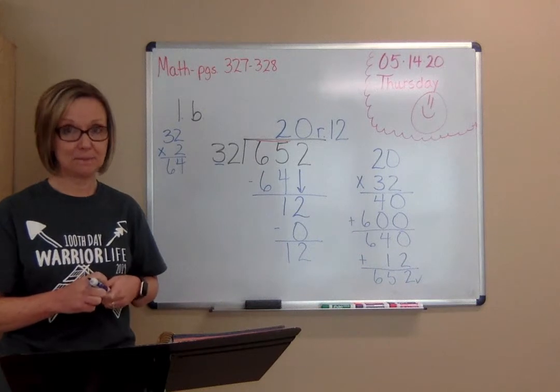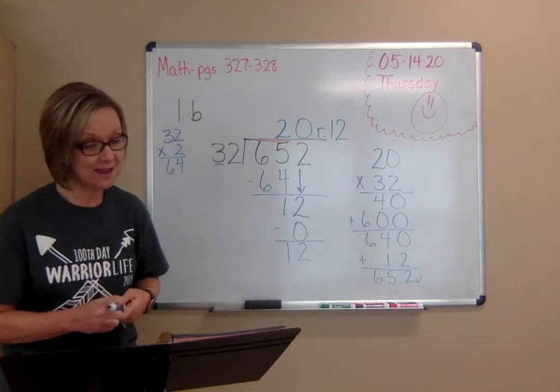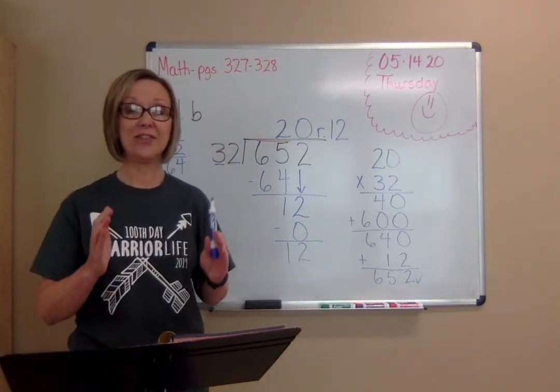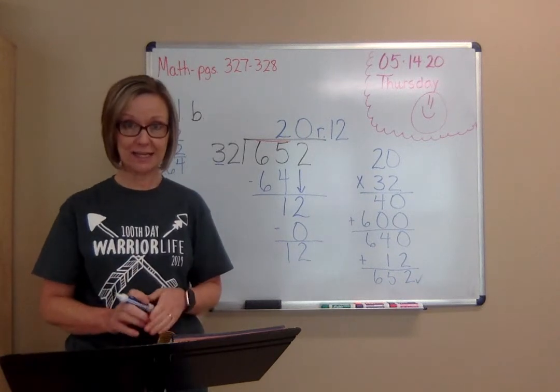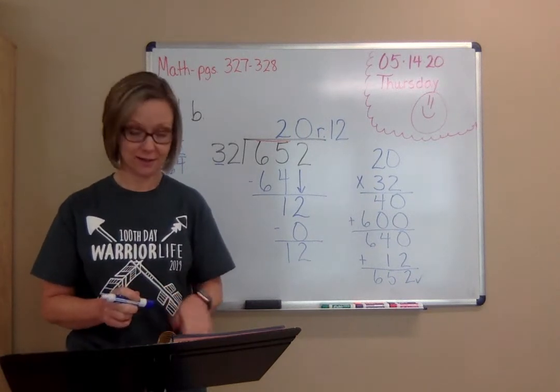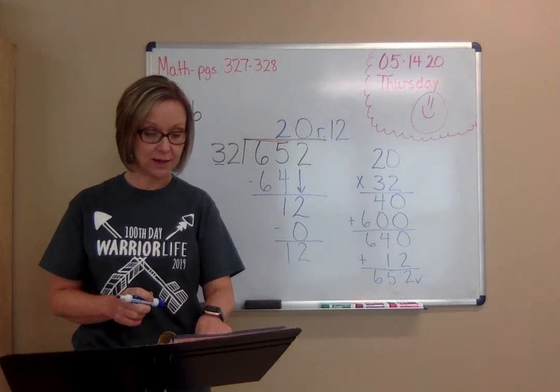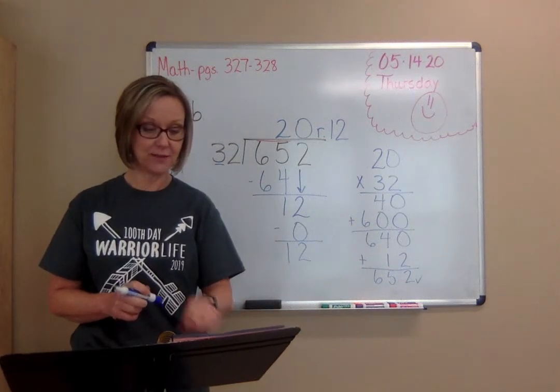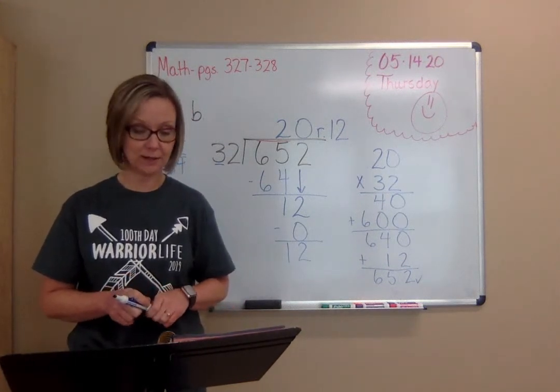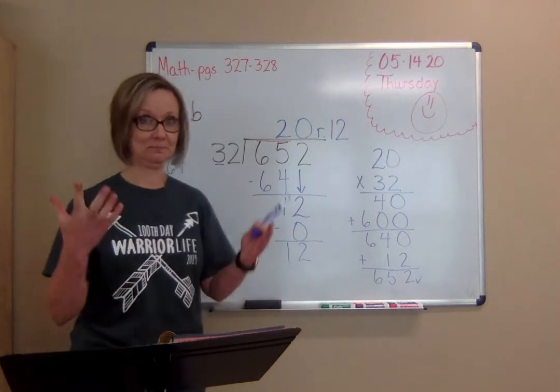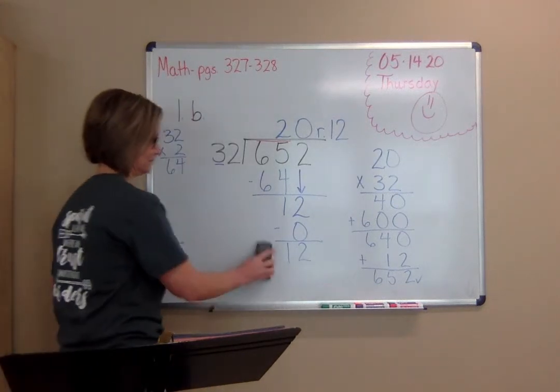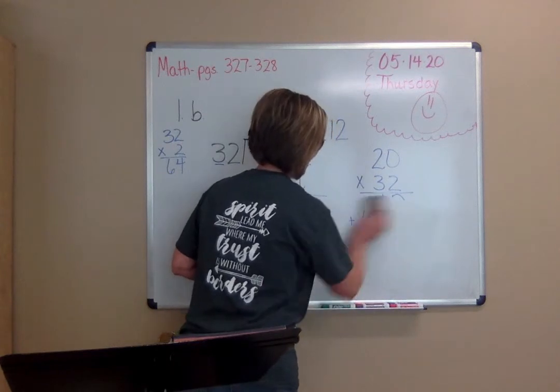Let's look at C. Oh my. C has a thousands place in your dividend. 7,083 divided by 9. Not too bad.